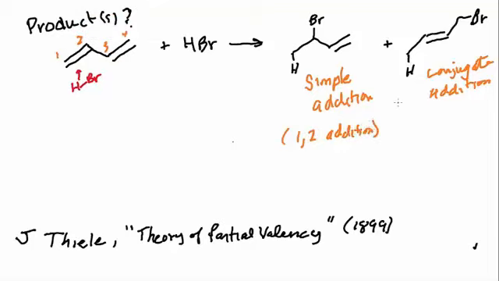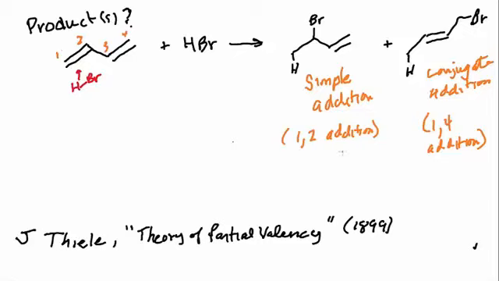The conjugate addition is alternatively referred to as the 1,4 addition product. Because the hydrogen and bromine attach respectively in the simple addition to carbons 1 and 2, and then in the conjugate addition, H and Br attach respectively to carbons 1 and 4 in the original conjugated diene.